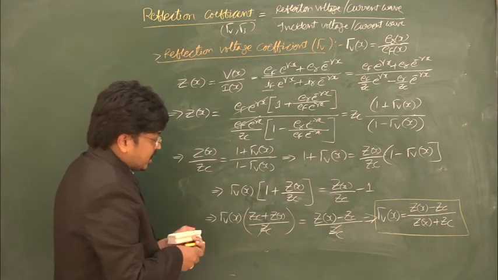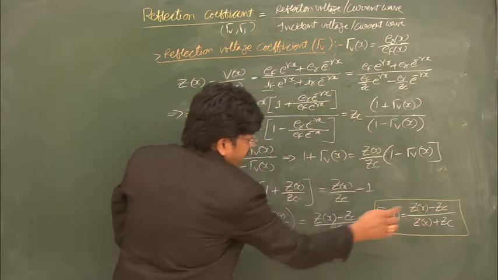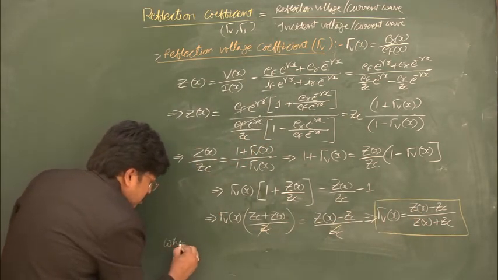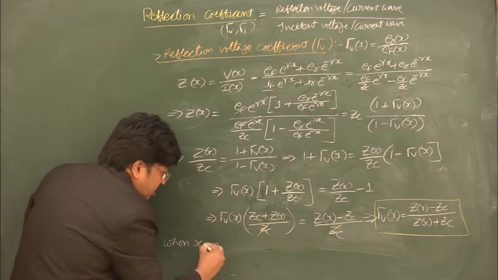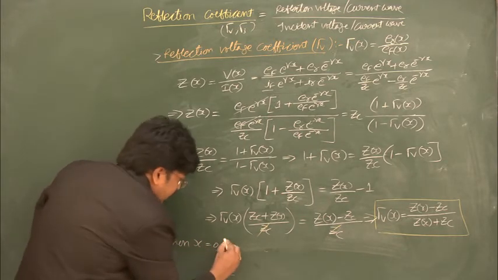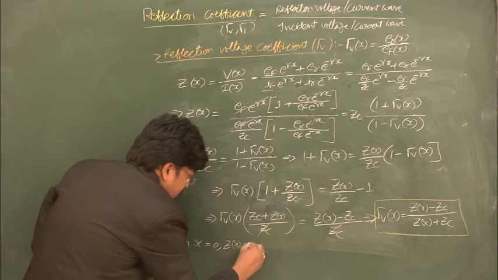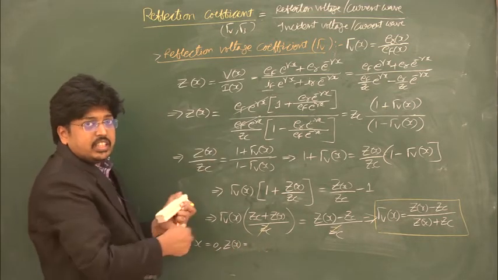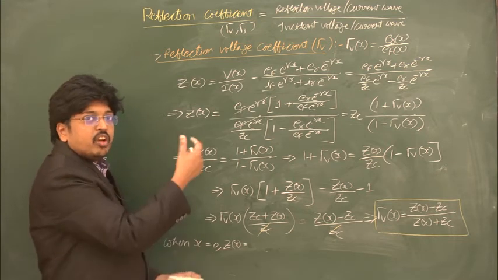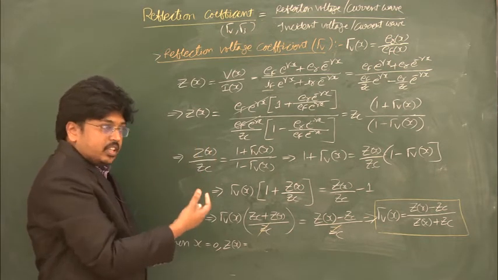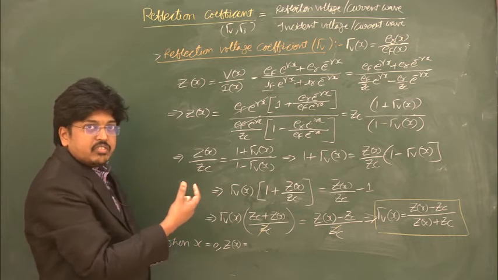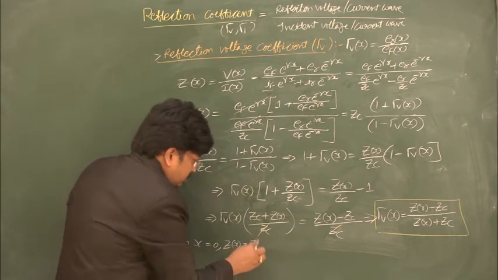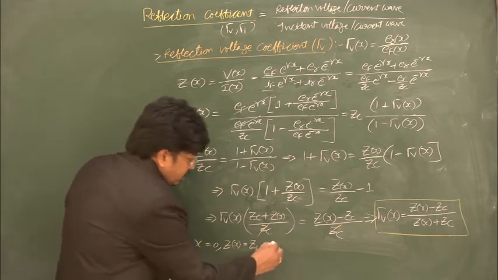So in this equation, what is the value when x is equivalent to 0? When x is equivalent to 0, the point is located at the receiving end side. Zx is V of x, the receiving end voltage VR, by I of x, the receiving end current. So Zx is the same as the load impedance ZL.